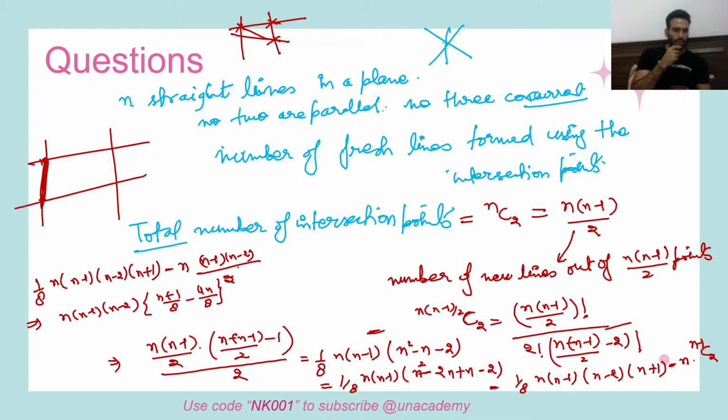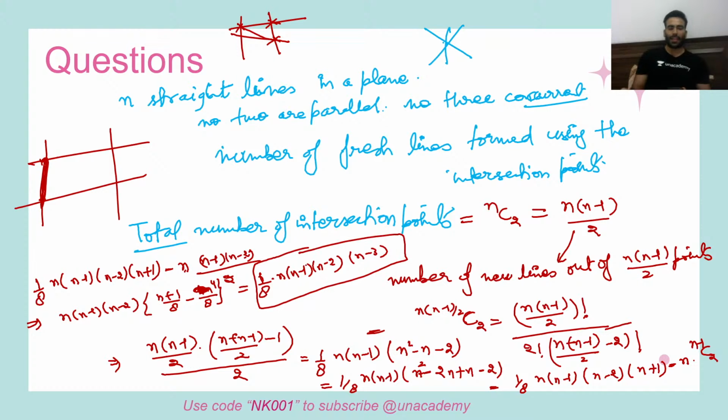Sorry, my bad. I have taken n minus 1, n minus 2 common. There is only 1 by 2. So this is 4 by 8. If I solve it further, 1 by 8 is common. n minus 1, n minus 2 times n plus 1 minus 4, so n minus 3. So this is the total number of lines you will get.